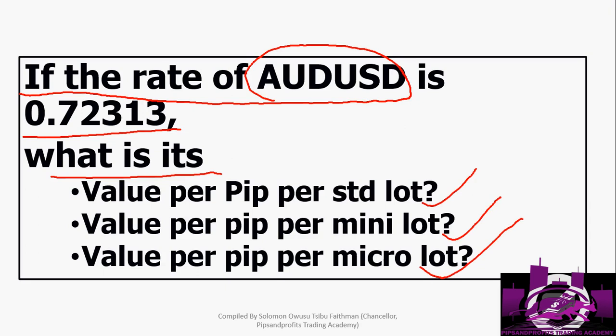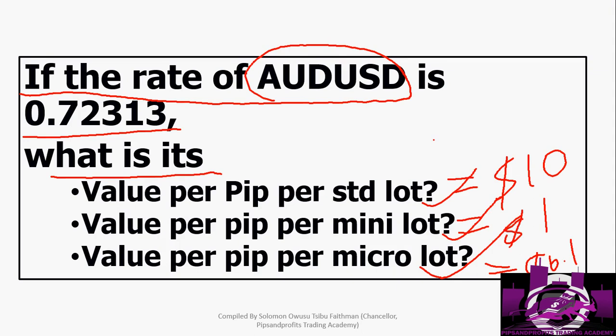You can try your hands on that. When you do that, for standard lots, you are going to get $10. We are pressed with time, so let me go straight. For mini lots, you are going to get 1, and for micro lots, you are going to get 0.1.